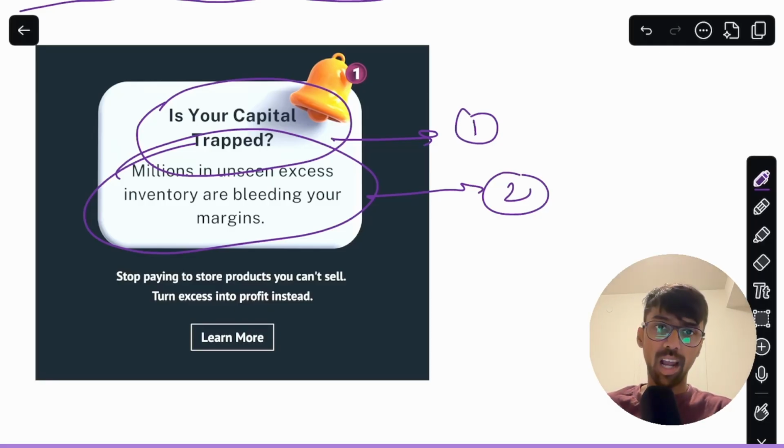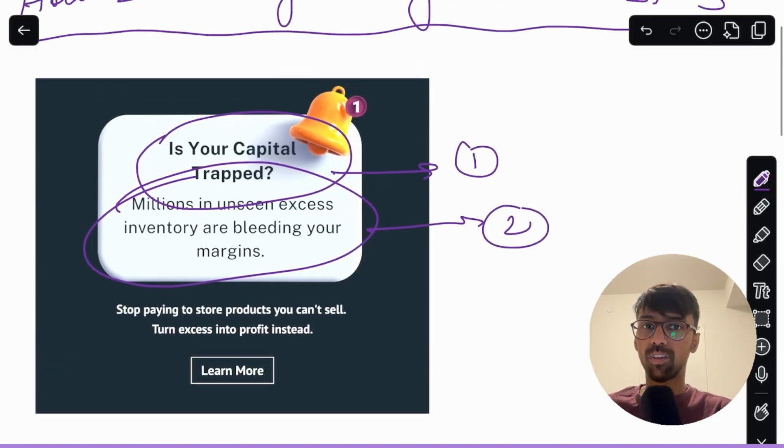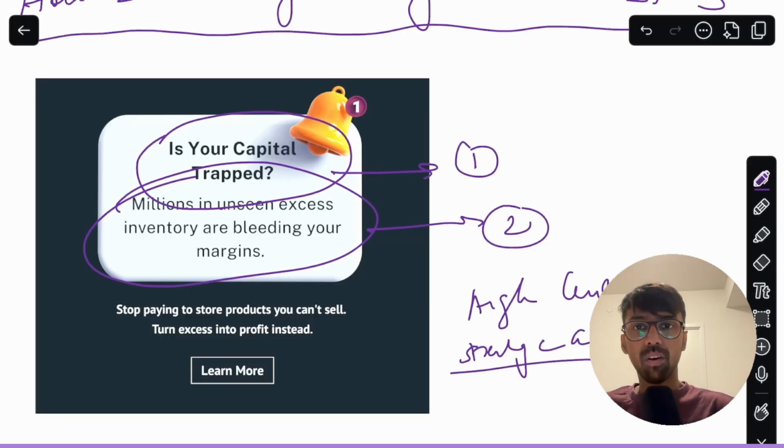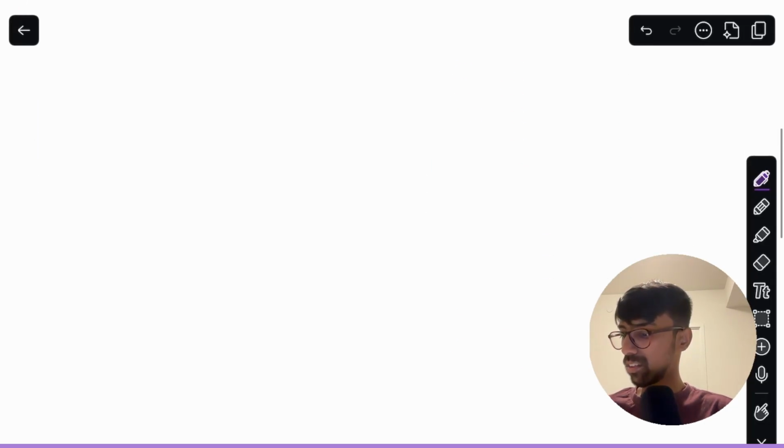The ad's entire job is to get someone who controls the company's money to stop and think, wait, how much money are we losing to this problem right now? So it's a high level strategic ad. So this is the first one.